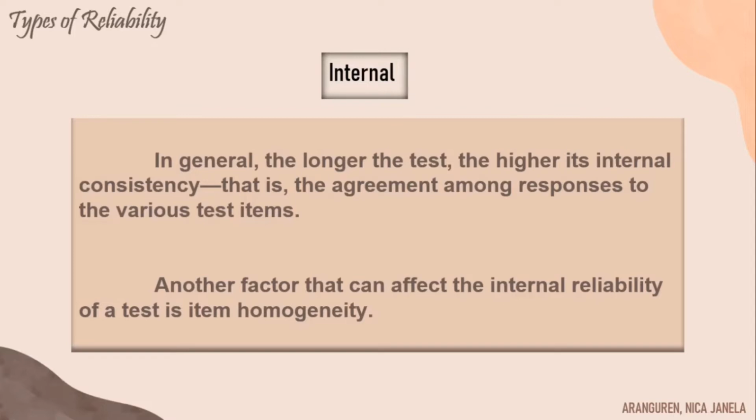For example, kung yung IQ test contains sections of supposedly equal difficulty, yung participants ay dapat ma-achieve similar scores on all sections. Another factor that can affect the internal reliability of a test is item homogeneity. Example, yung final exam. Pag kinompute natin yung reliability ng buong exam, mababa siya.